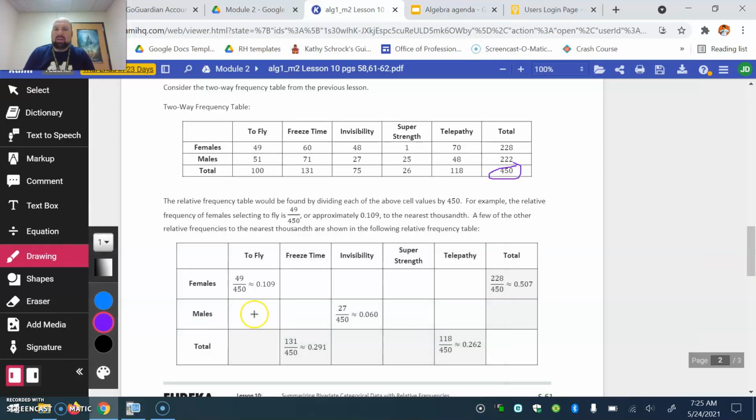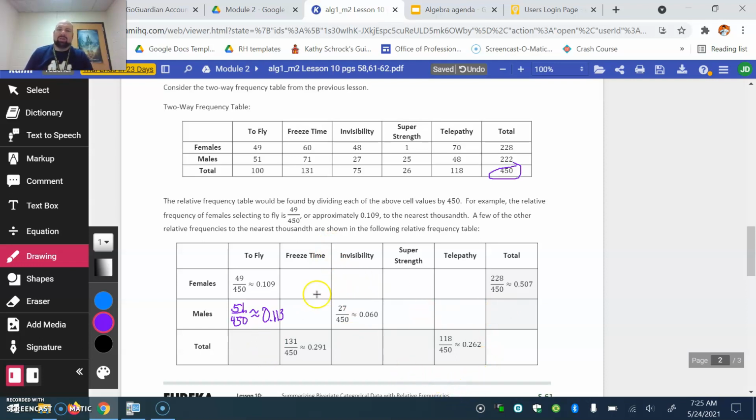So we come back, and in this cell or this field, we're going to do 51 divided by 450. And then the squiggly equal sign means about, and then we got 0.113. Okay. I'm not going to write what I divided by for each of these, but I am going to fill in the answers. However, I'm going to pause the recording.